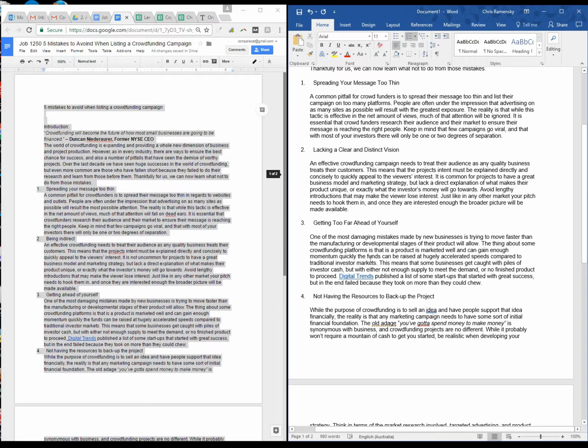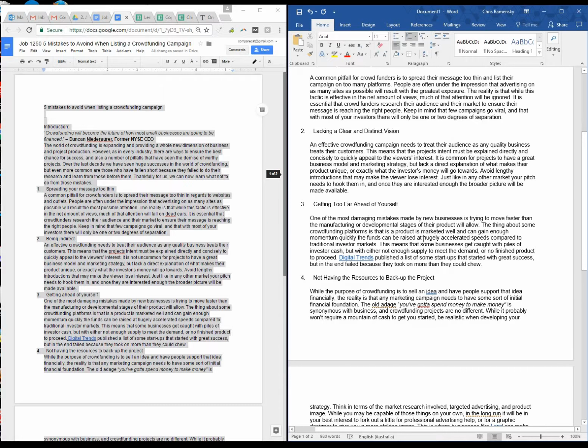One of the most damaging mistakes made by new businesses trying to move faster than the manufacturing or development stages of their product will allow. The thing about some crowdfunding platforms is that a product is marketed well and can gain enough momentum quickly.